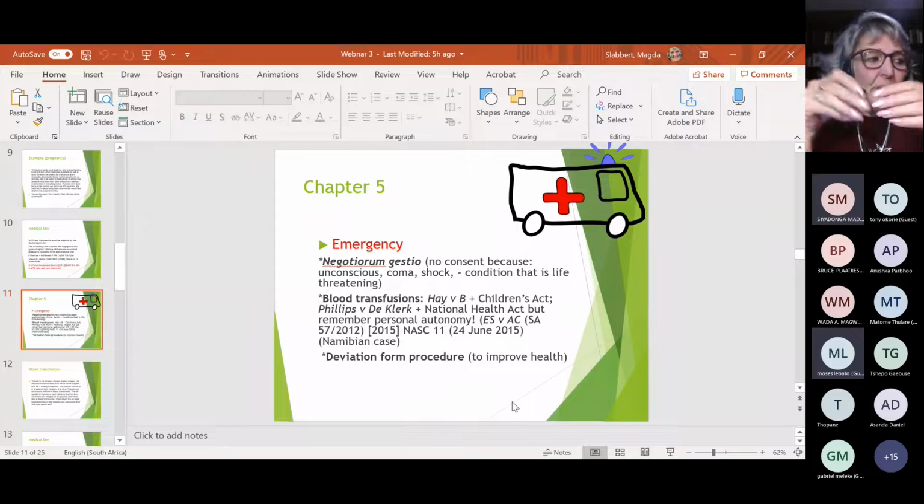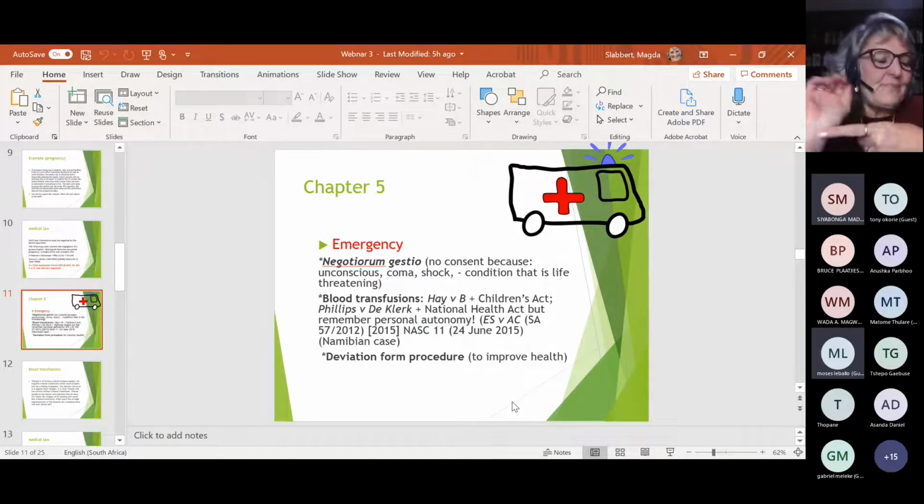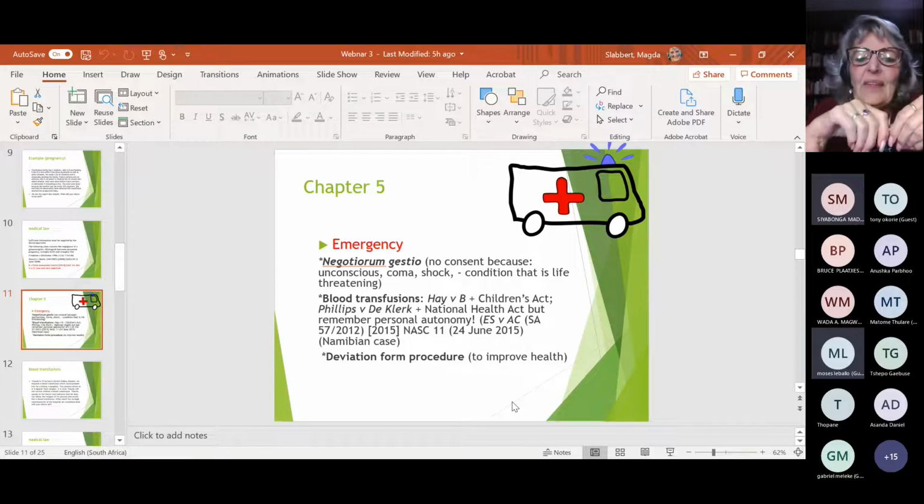So one day I spoke at a seminar for emergency workers, and I asked them, what is the legal position if they see that I've got a wristband or a tattoo or whatever indicating do not resuscitate? And very interesting, they said they cannot.